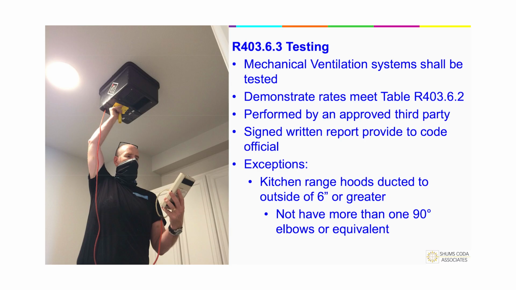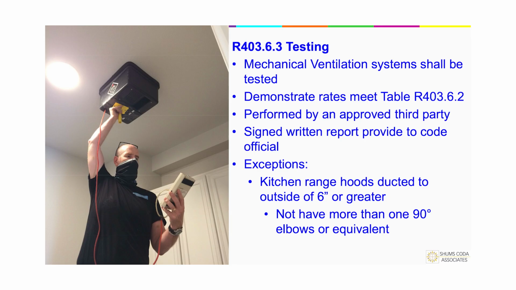So, in the 21, there is a requirement that all mechanical ventilation systems have to be tested and meet whatever criteria is listed basically out of the IMC and the IRC, because that's where those ventilation rates actually come from. This is saying we need to demonstrate that it is meeting that criteria, and then we get a result provided to the code official that says, hey, we tested it, it all works.